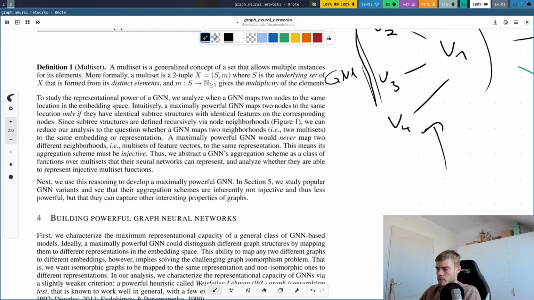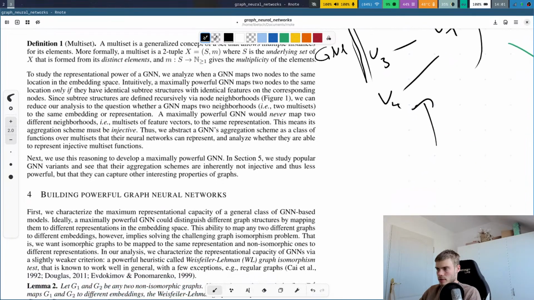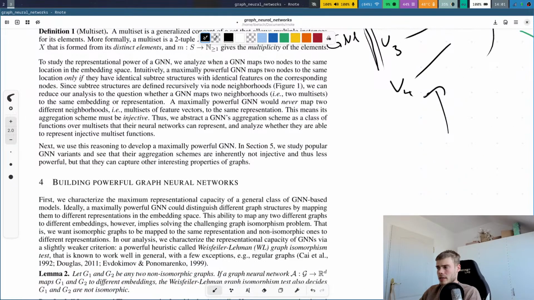A maximally powerful GNN would never map two different neighborhoods, i.e. multisets of feature vectors, to the same representation. This means its aggregation scheme must be injective. Thus, we abstract a GNN's aggregation scheme as a class of functions over multisets that their neural network can represent, and analyze whether they are able to represent injective multiset functions.